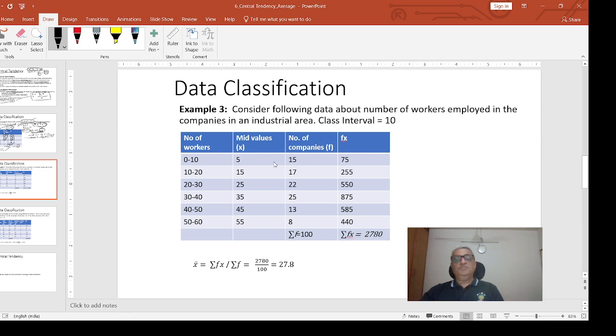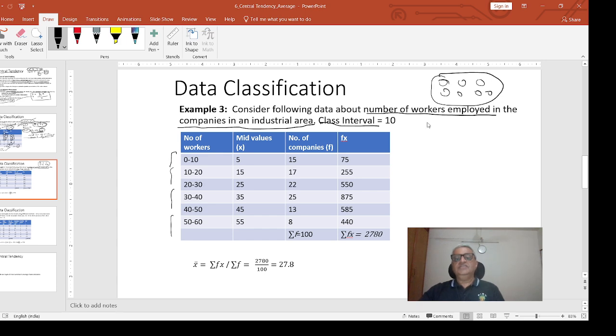Now we have a bit of different data. Looking at the table, you can immediately find out that we have classes here. The class interval given is 10. Let's find out what the data is all about. We have the number of workers employed in companies in an industrial area. In that industrial area there are a number of companies, and this data talks about how many employees are employed by this set of companies.